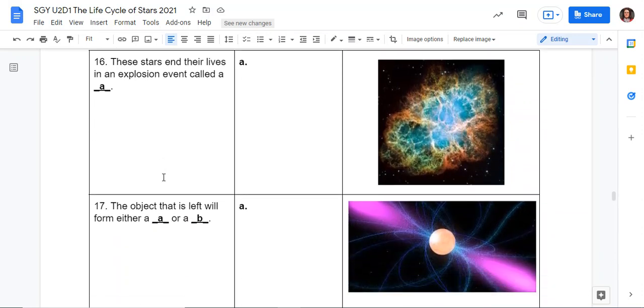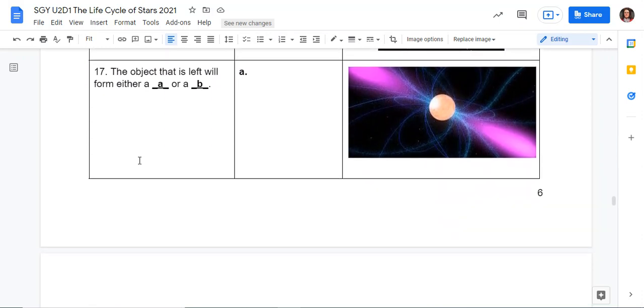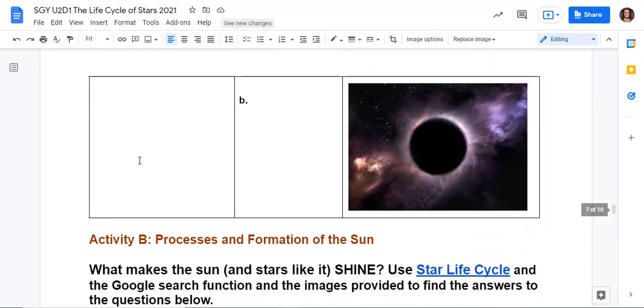These stars end their lives in an explosion event called a supernova. And beautiful remnants of a supernova over here on the right. The object that is left will form one of two things, either a neutron star or a black hole.